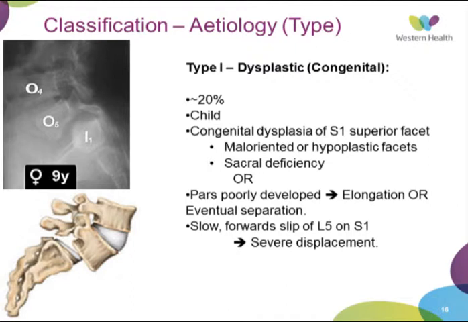Or the pars can be poorly developed. There can be elongation of it with the ventral separation. And with the dysplastic type, there's a slow forward slip of L5 on S1, and that can lead to very severe displacement.